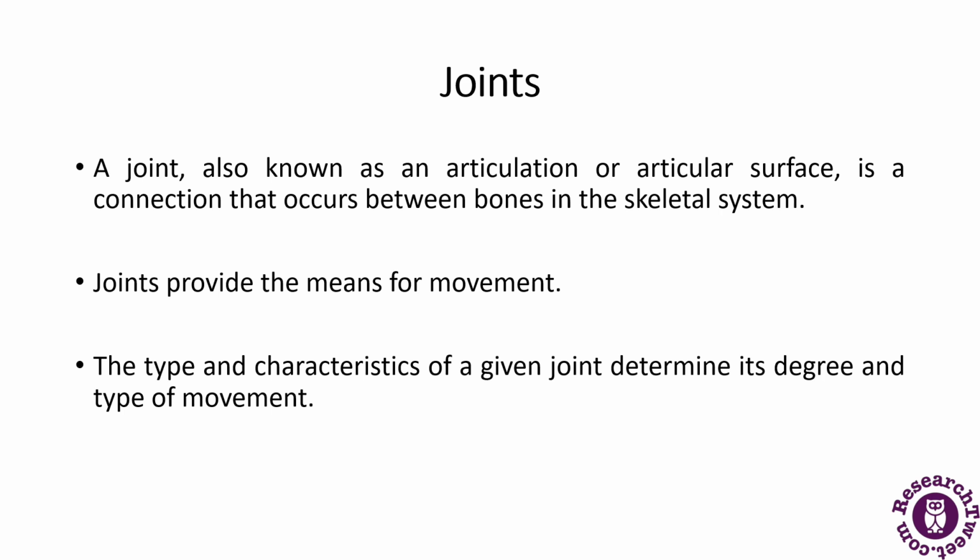So what are joints? If I tell you to distinguish between living organisms and non-living organisms, what is the key characteristic? The key characteristic is that living organisms have the ability to locomote and move.